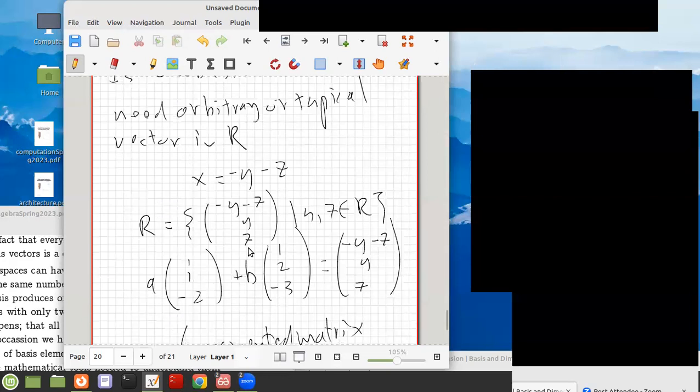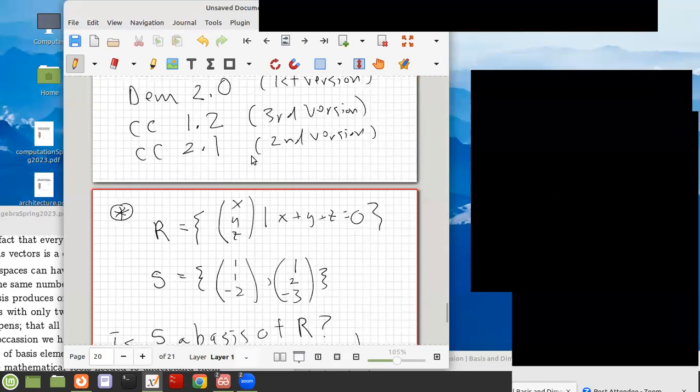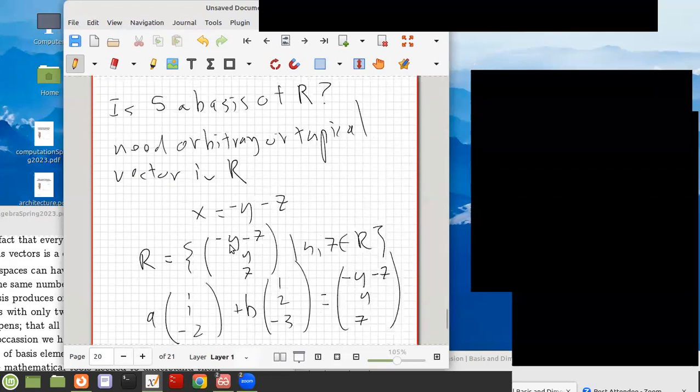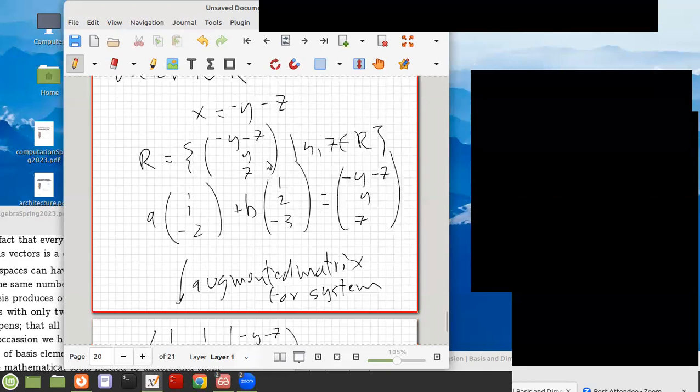That's a little bit different. A similar problem would be just find a basis for R, right? If I said find a basis for R, you do this and get minus 1, 1, 0 and then minus 1, 0, 1, and you could find a basis for R here. You could also solve this problem a second way. Instead of doing all this, you could say, well, look, I'm going to find a basis for R and then ask, can I write each of those basis vectors in terms of this other basis?